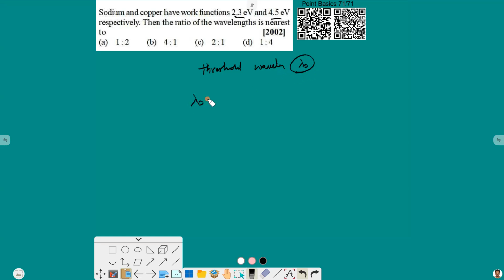And we know that lambda naught will be equal to hc by E. So lambda naught is proportional to 1 by E. So lambda naught 1 by lambda naught 2 will be equal to E2 by E1, that is 4.5 divided by 2.3. This will be basically approximately 2 ratio 1. That is option C. So with this the video is complete.